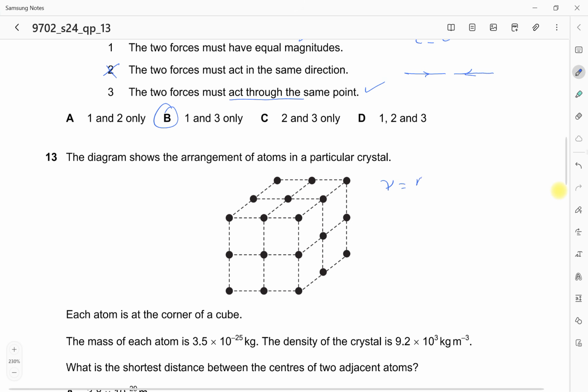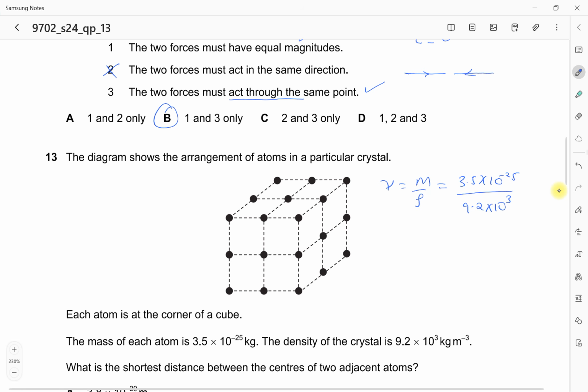Volume, I think volume is mass divided by density, and the volume is simply going to be the mass of an atom, which is 3.5 times 10 to the power of minus 25, divided by the density, which is 9.2 times 10 to the power of 3.